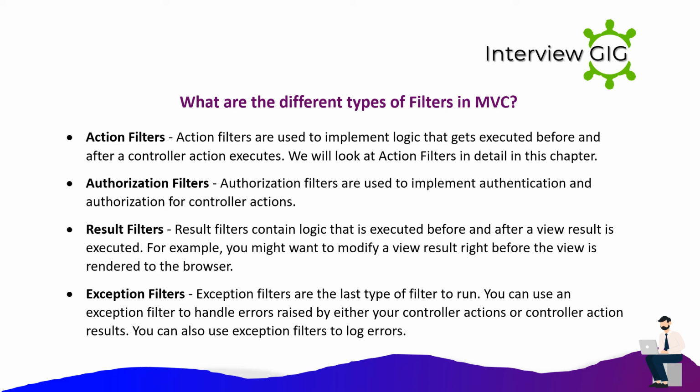Result filters contain logic that is executed before and after a view result is executed. For example, you might want to modify a view result right before the view is rendered to the browser. Exception filters. Exception filters are the last type of filter to run. You can use an exception filter to handle errors raised by either your controller actions or controller action results. You can also use exception filters to log errors.